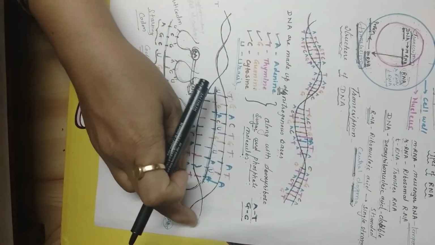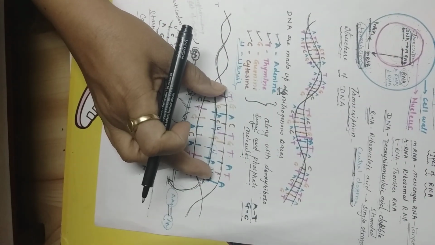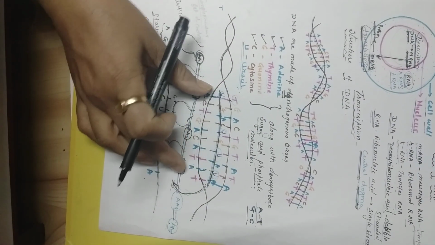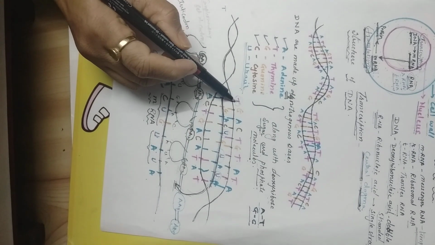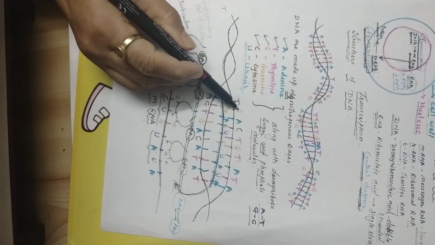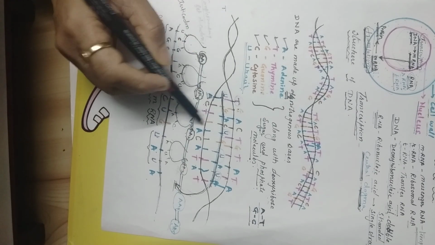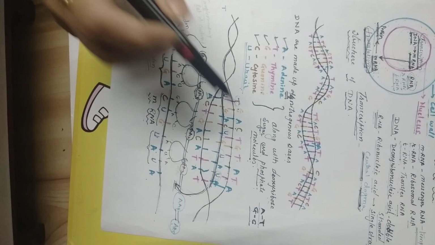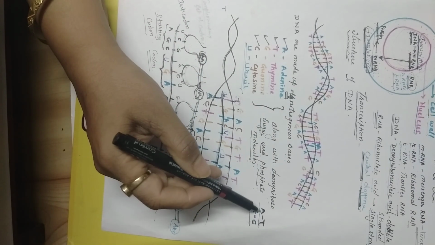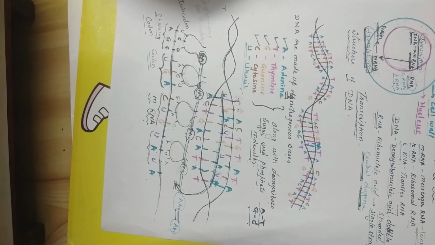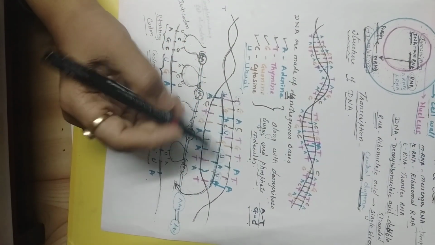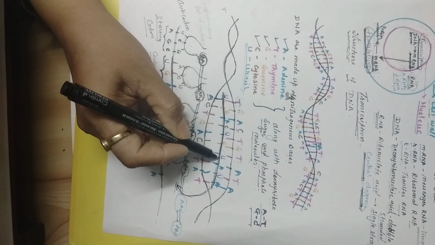So here you can see A is paired with T, C is paired with G, T is paired with A, G is paired with C. So pairing always like this, A always with T and G always paired with C. So in this way pairing is there and it is unwound and this new strand is formed. New strand is formed and this new strand is nothing but the messenger RNA.